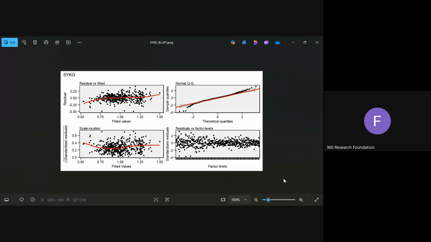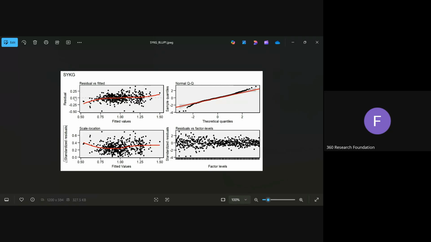Just 2 minutes before we made one statement, best linear unbiased. That unbiased we need to see in this graph. This first graph is the residual versus fitted plot. You can see most of the data points are scattered randomly.